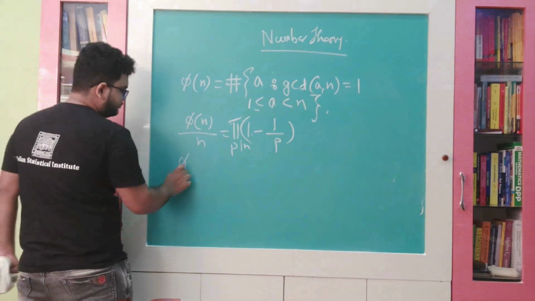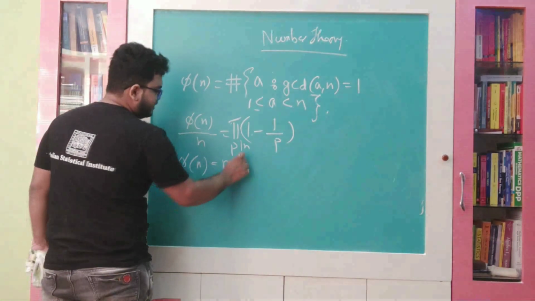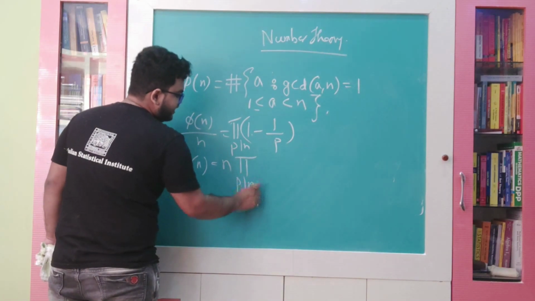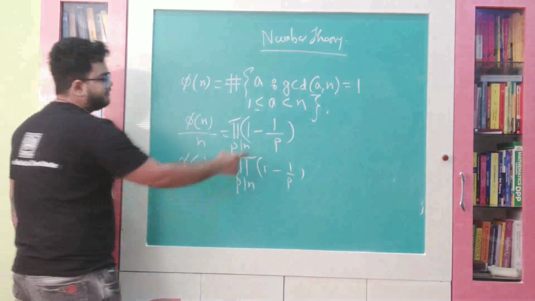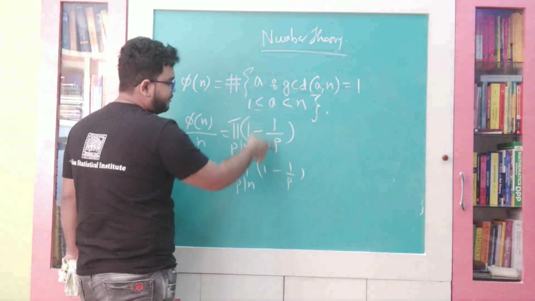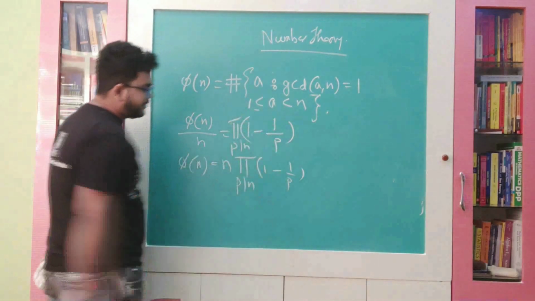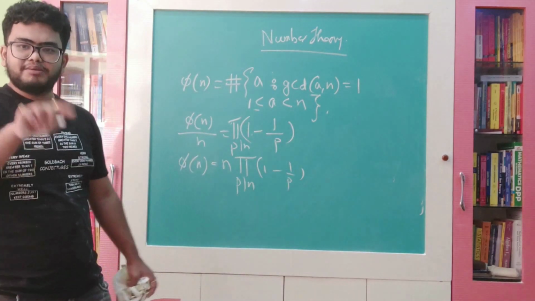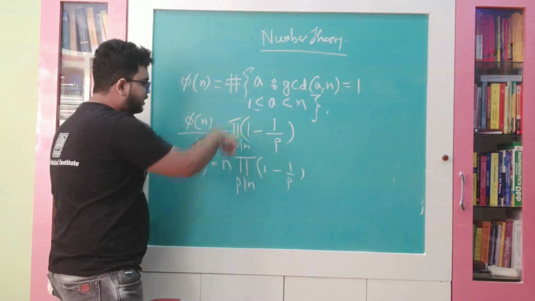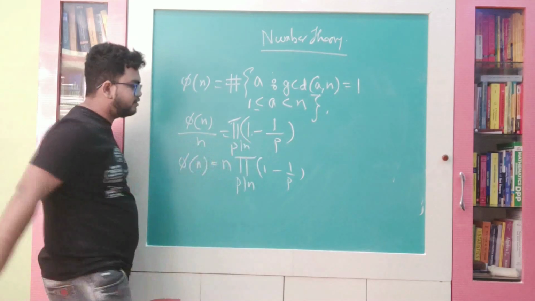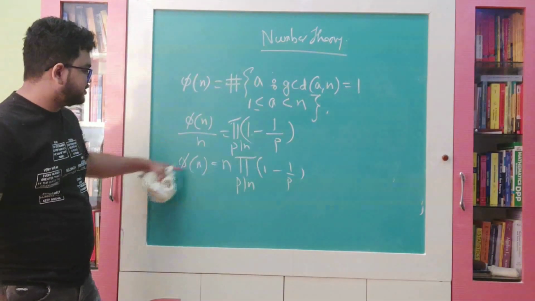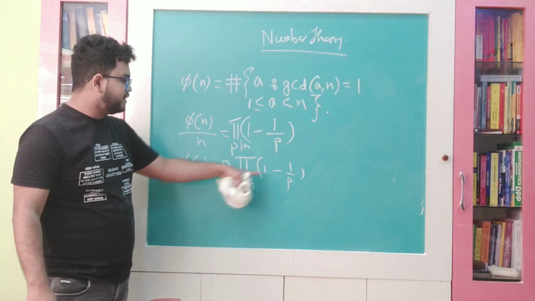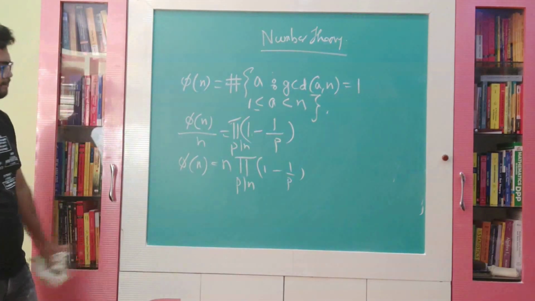So phi(n) is actually n times the product over primes p dividing n of (1 minus 1/p). For each prime p dividing n, an integer has probability 1/p of being divisible by p, and 1 minus 1/p of not being divisible by p, and taking the product over all primes p dividing n gives phi(n)/n.